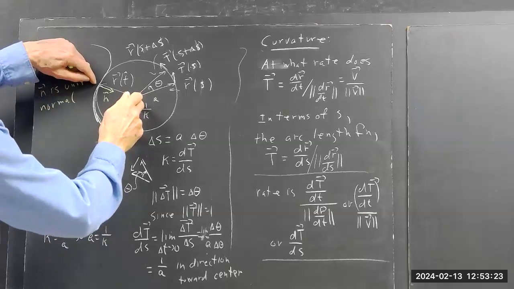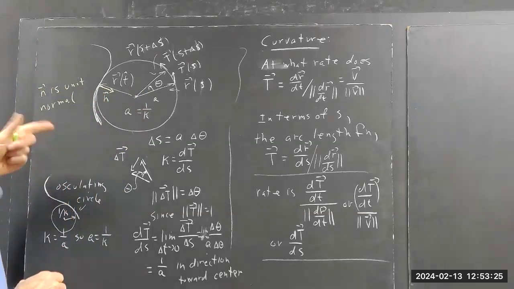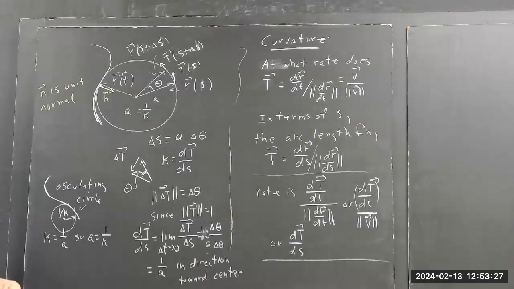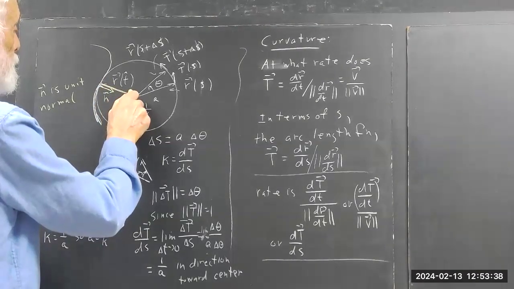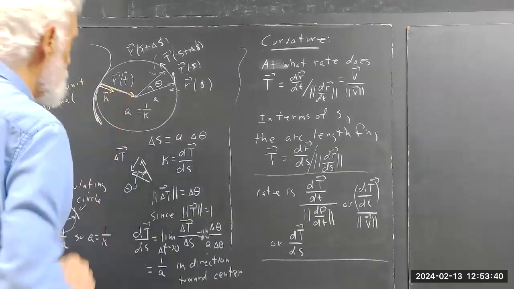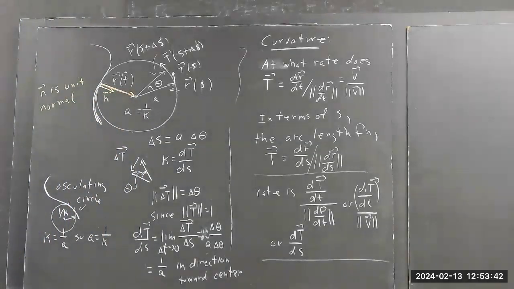So what's the vector from here to here in terms of a unit normal, and what's this number, in terms of symbols we already have on the board?